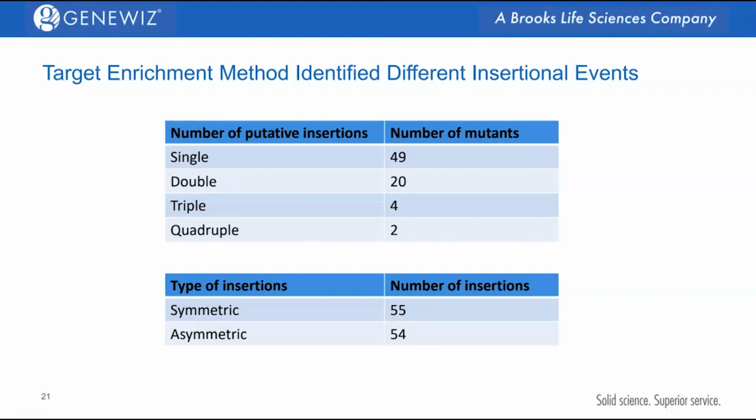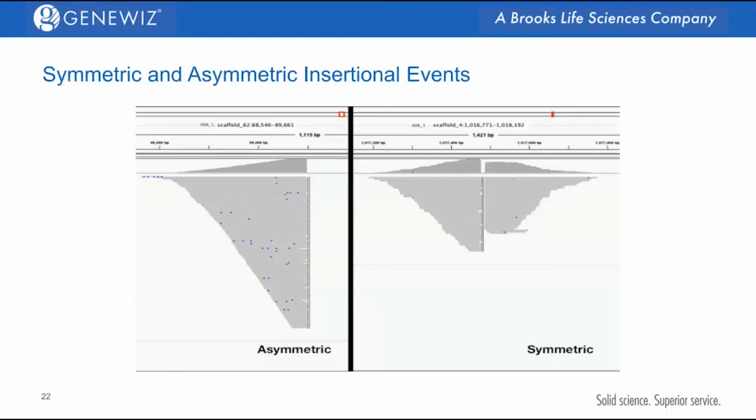And identifying the double, triple, and quadruple insertional events during your transformation was not possible with previously used methods, specifically like Genome Walker. So this was really interesting. In the same run, you can get different events. Also, from my sequencing, I was able to get symmetric and asymmetric insertional events. So what exactly are symmetric and asymmetric insertional events?